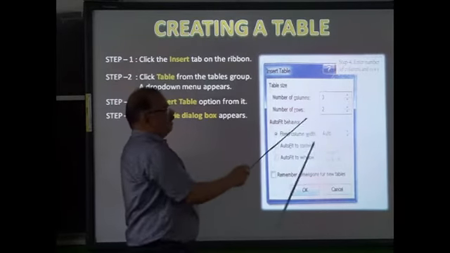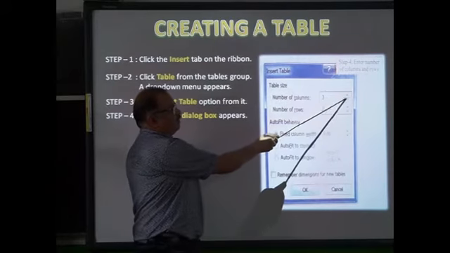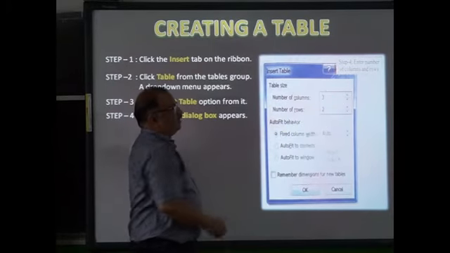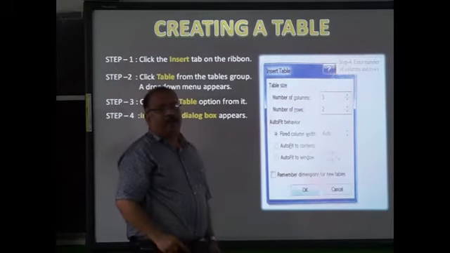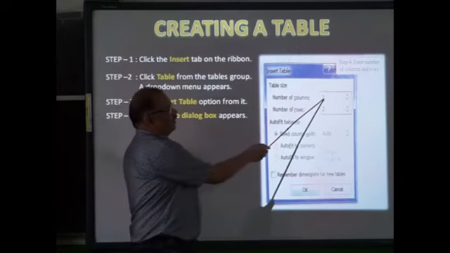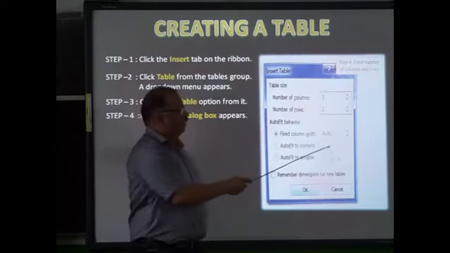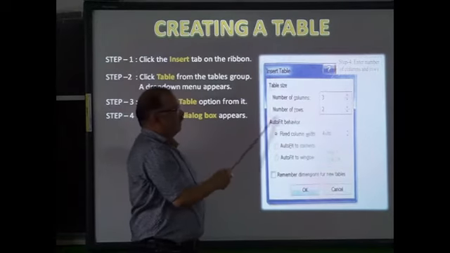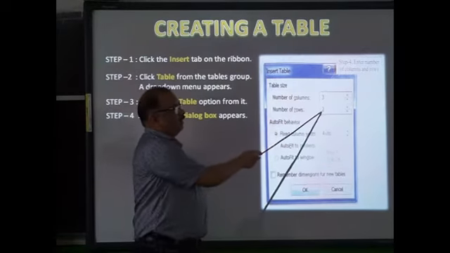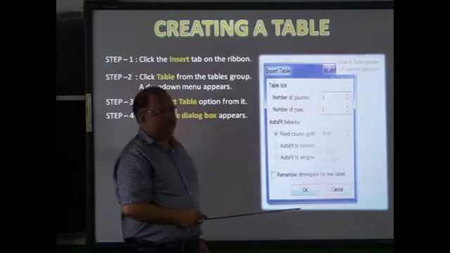But according to your choice you can change it. You can see 2 arrows there, up arrow and down arrow. Up arrow if you use, you can increase it by 4, 5, 6, 7 and so on. Down means it will go to 1. Same way number of rows also can be increased or decreased.